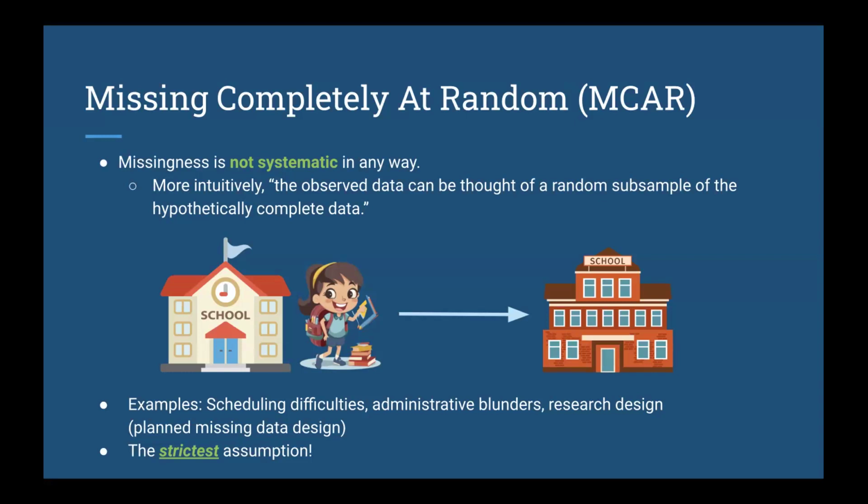This is the strictest assumption of all three mechanisms because it assumes that missingness is completely unrelated to the other variables in the data set.